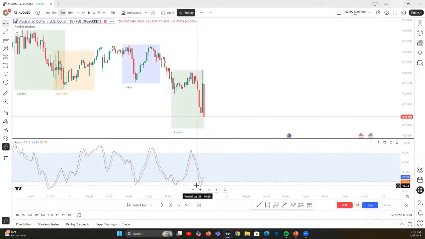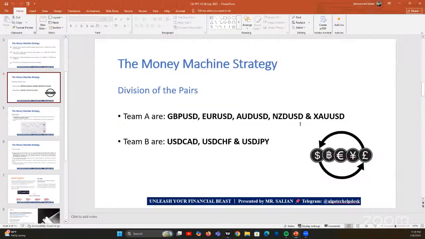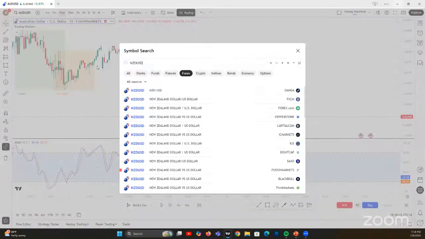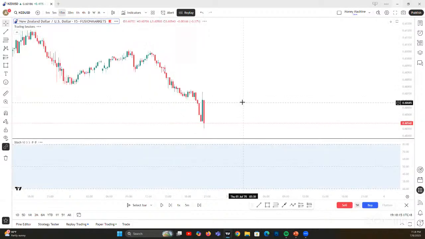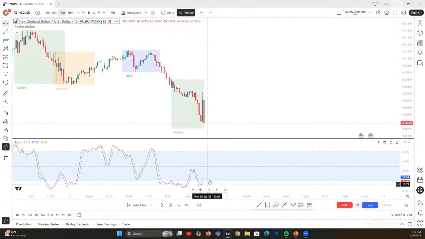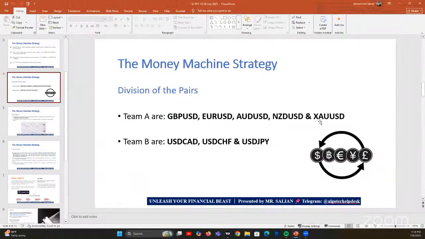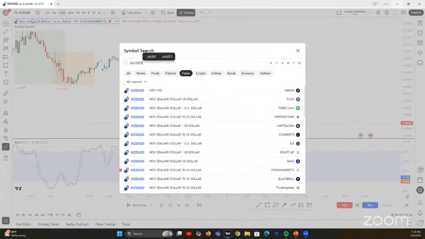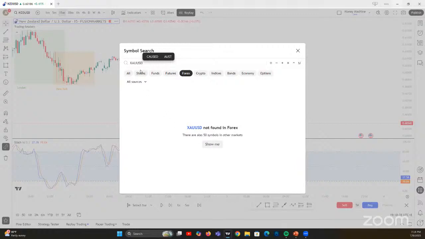There, it's also oversold. And NZD USD. There, it's oversold. And the last one, gold. XAU USD.